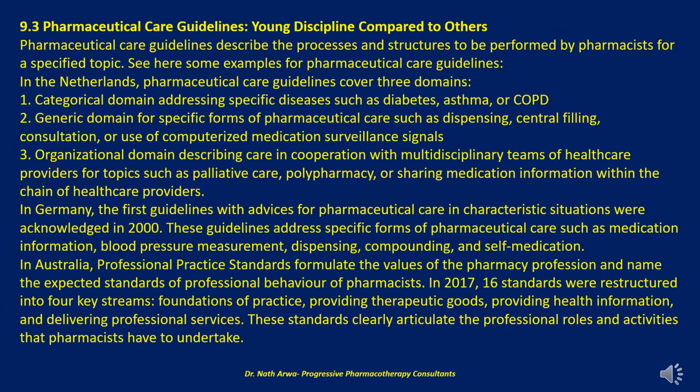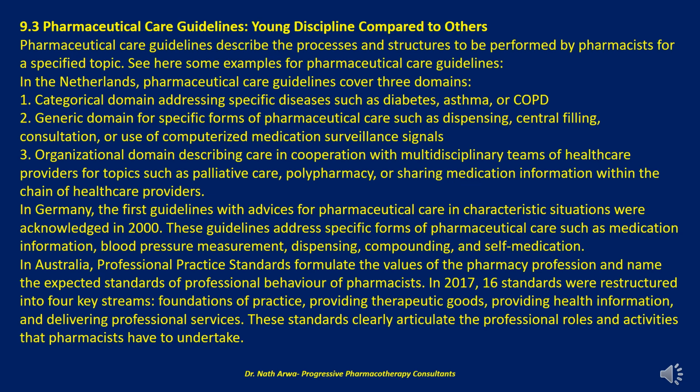And now let's discuss pharmaceutical care guidelines, a young discipline compared to others. Pharmaceutical care guidelines describe the processes and structures to be performed by pharmacists for a specified topic. See here some examples for pharmaceutical care guidelines. In the Netherlands, pharmaceutical care guidelines cover 3 domains. 1. Categorical domain addressing specific diseases such as diabetes, asthma, or chronic obstructive pulmonary disease. 2.